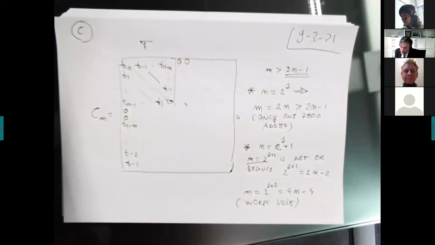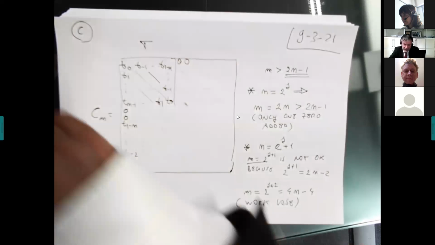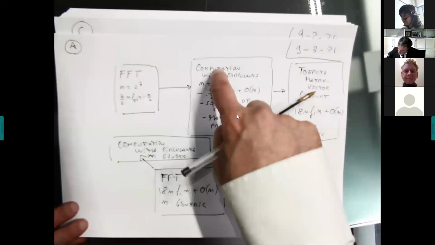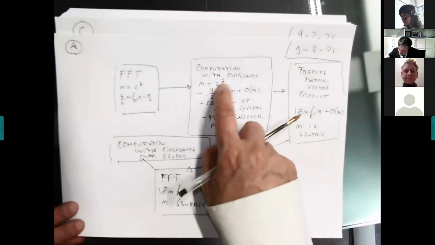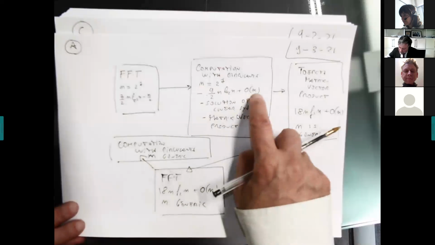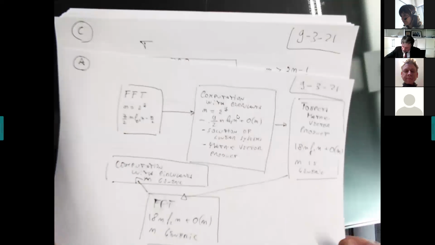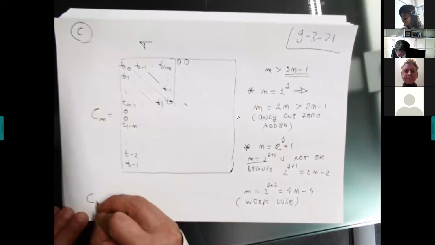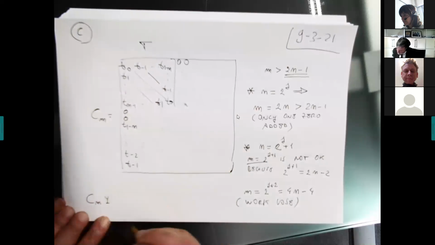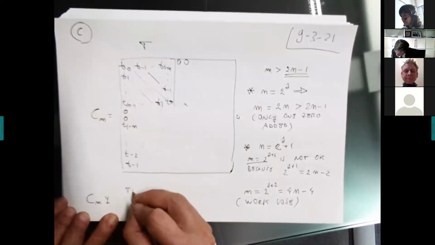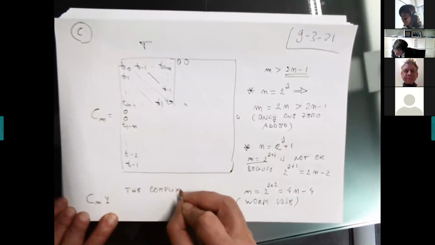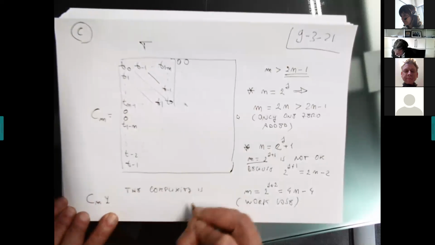okay? And now we go with the complexity. So, which is the complexity? When you multiply a circulant whose size is a power of 2, this is the complexity, okay? So, if I make Cm times y, the complexity is bounded.